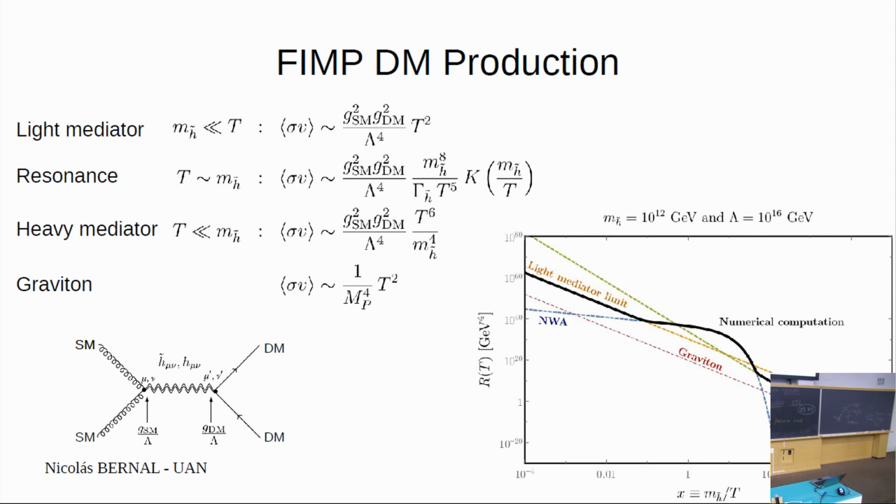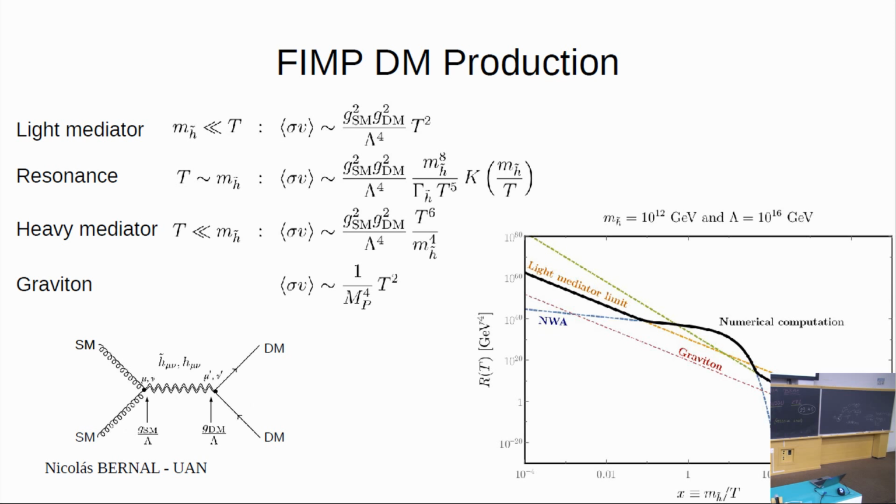So now what we want to do is produce the dark matter via the FIMP mechanism. So dark matter will be produced out of the standard model via standard model annihilations, mediated by the S-channel exchange of both a graviton H and the massive spin 2 H tilde, right?